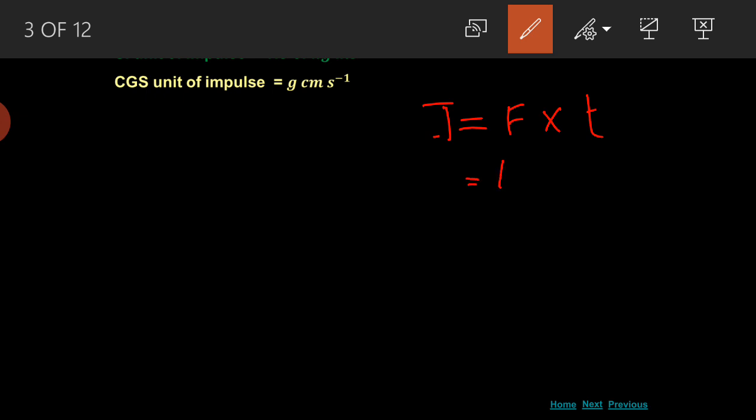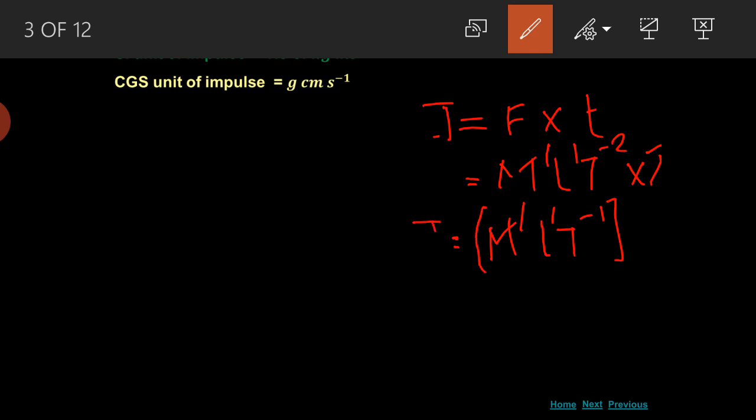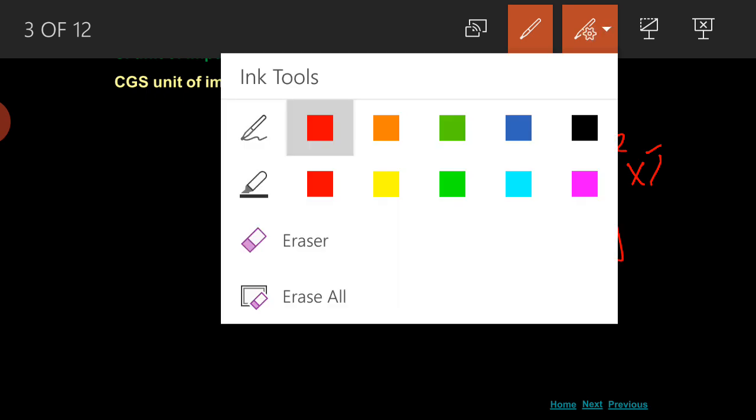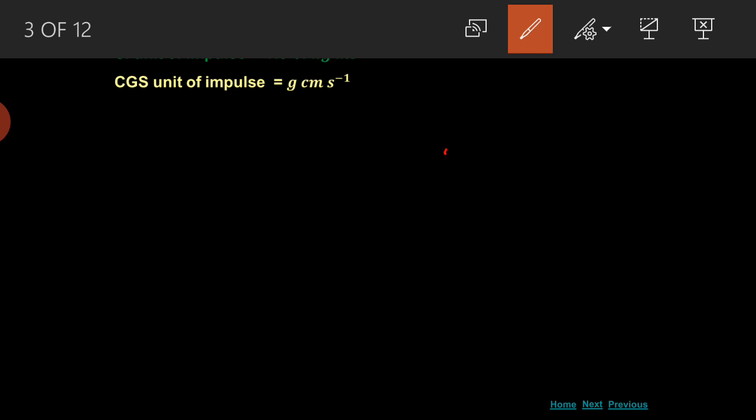Now the dimensional formula for force is M1 L1 T minus 2, and for time it is T. So on simplifying, it becomes M1 L1 T minus 1. This is the dimensional formula for the impulse.